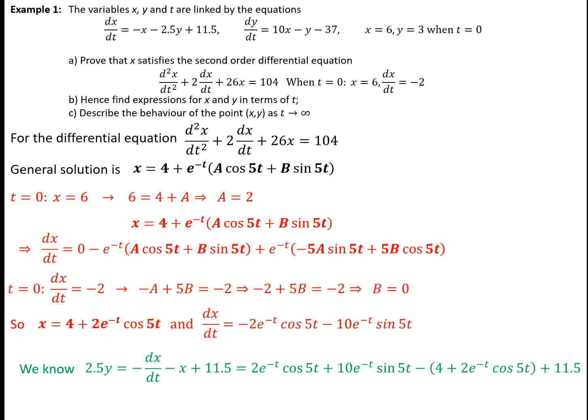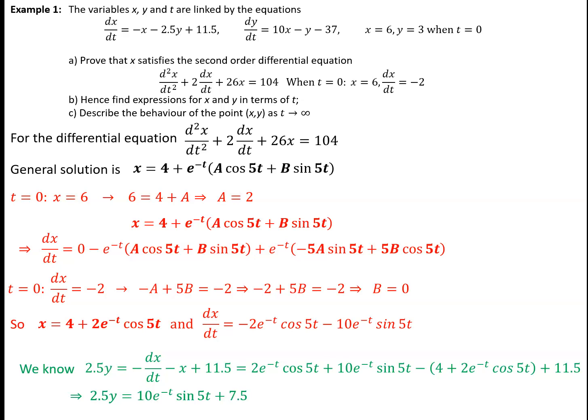So that gives me 2e to the minus t cos 5t plus 10e to the minus t sin 5t. That's the dx by dt bit. Take away x, which is 4 plus 2e to the minus t cos 5t, plus 11.5. Tidying that up, we've got 2.5y is 10e to the minus t sin 5t plus 7.5.